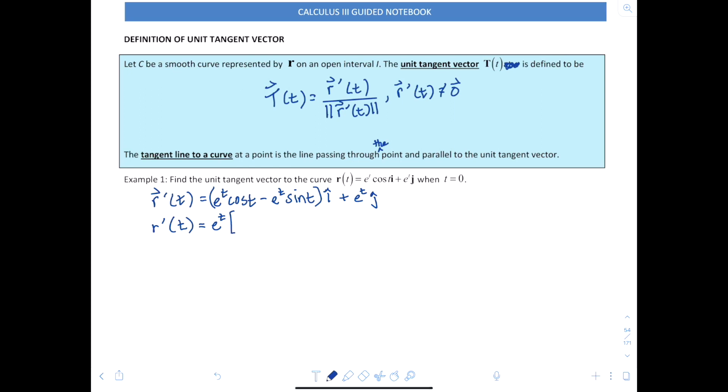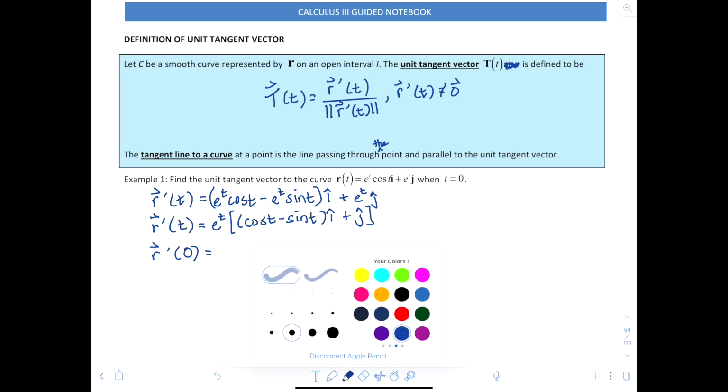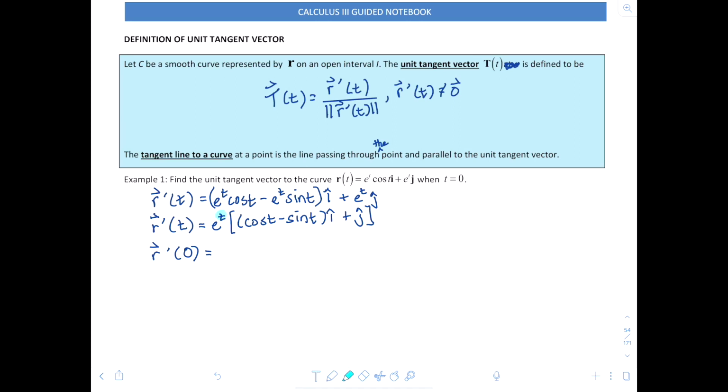And so then we would have e to the t times cosine t minus sine t times i plus j. Groovy? Awesome. Now r prime at 0, wherever there's a t, we're going to just plug in 0, right?